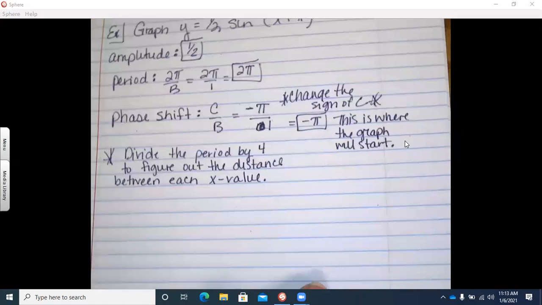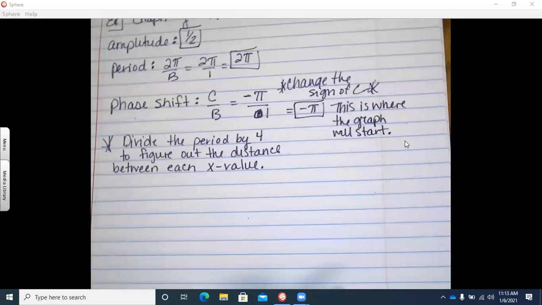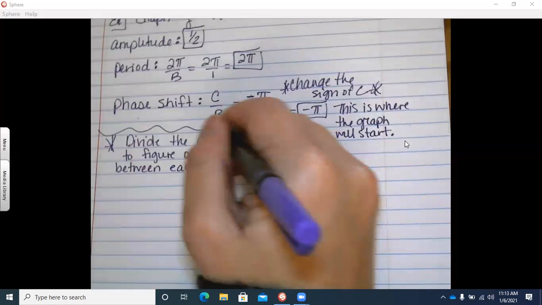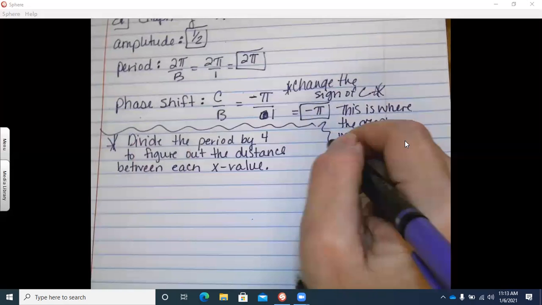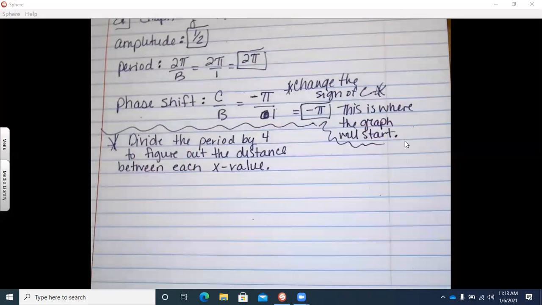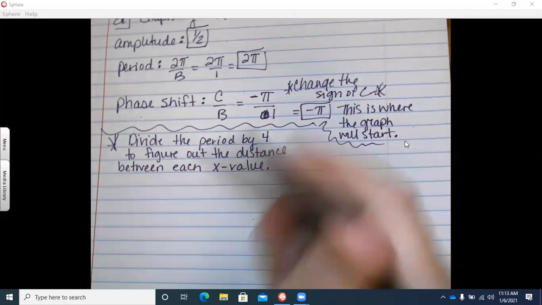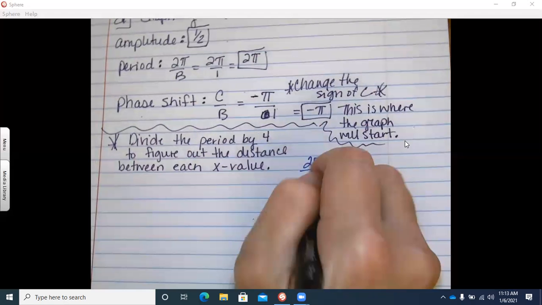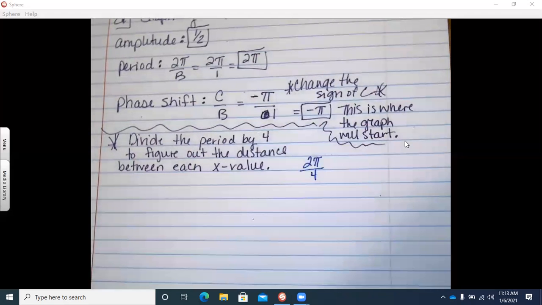So my period is 2 pi. Divide that by 4, which is pi halves. That will reduce to pi halves, exactly. How cool is that?